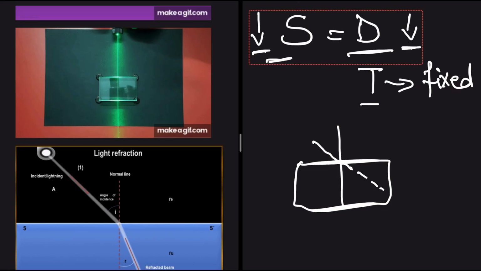To decrease the distance, there is a bending of light at the surface which separates the two media. And how will it bend? Towards the normal. By bending towards the normal, it decreases the distance because they are in direct proportion.